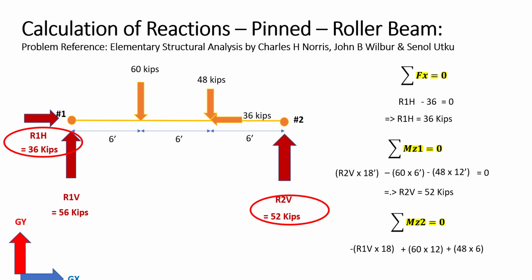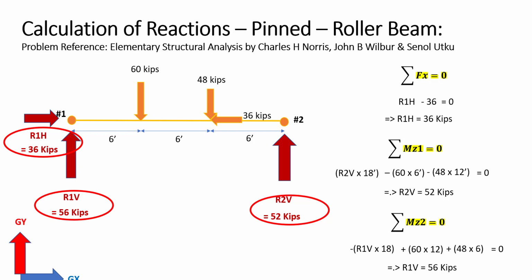And finally we have the load of 48 kips, which is located at a distance of 6 feet from node number 2, and it will create an anti-clockwise moment. So we have plus 48 multiplied by 6, and we can sum that to 0, and we will solve R1V as 56 kips, as we got in the earlier solution as well.